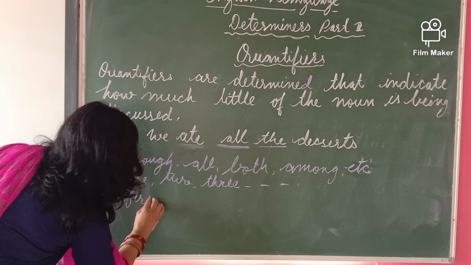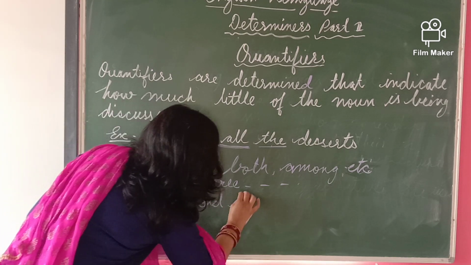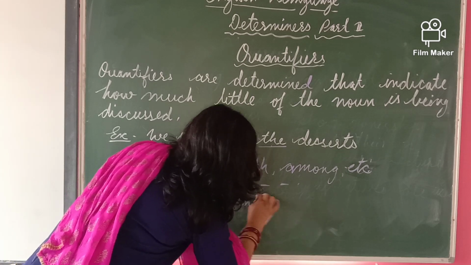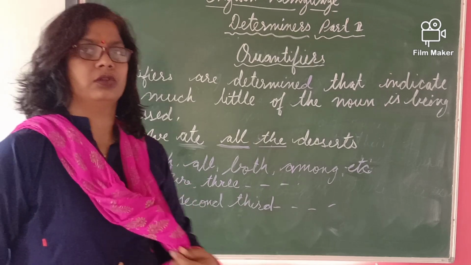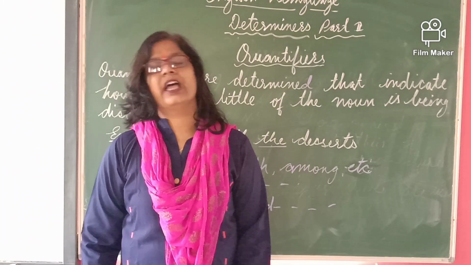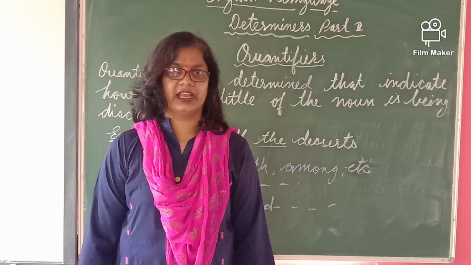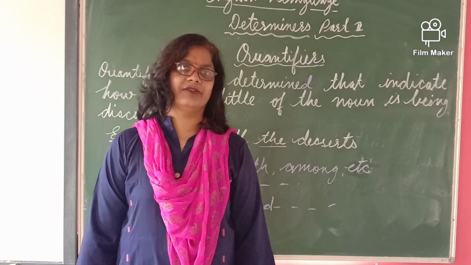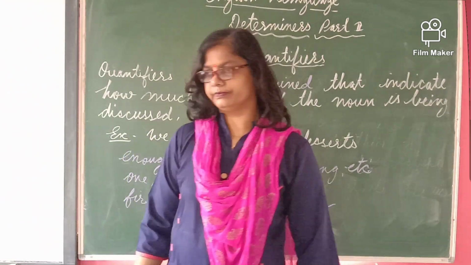First, second, third. This will also be infinite. So now we have learned where and how we will mention the quantifiers, how we will see and find that these are the quantifier determiners.